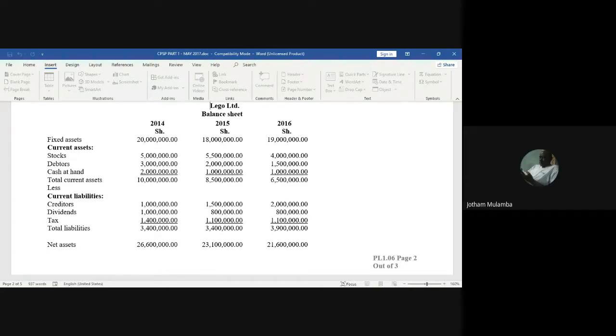So it's 10 million minus stock, which is 5 million, and then we divide by 3.4. What have you gotten? Yeah. So you can do for the other.